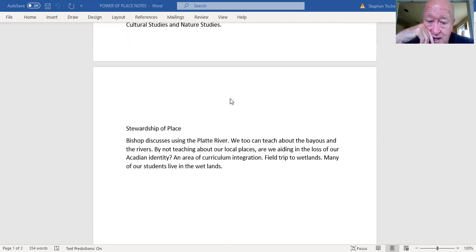So we too can teach about waterways, bayous, and rivers and the roles that they play, and to talk about transportation. We don't, in our imagination, unless we see pictures of barges coming up by Lafourche, then we really can't imagine that. And it doesn't happen anymore up to a certain point.